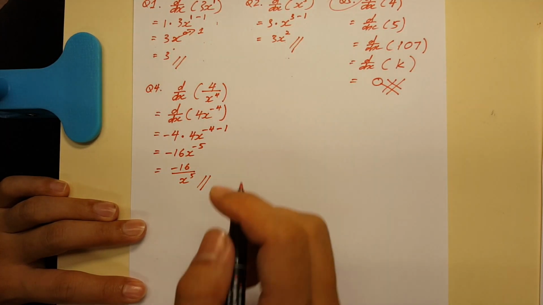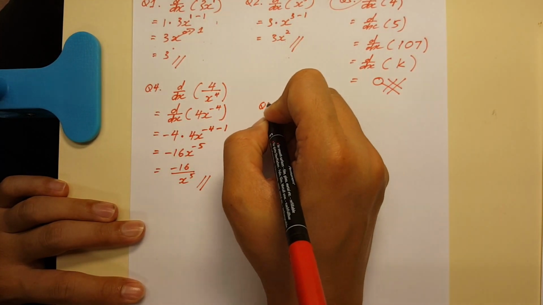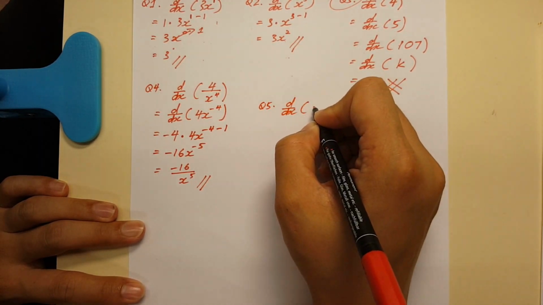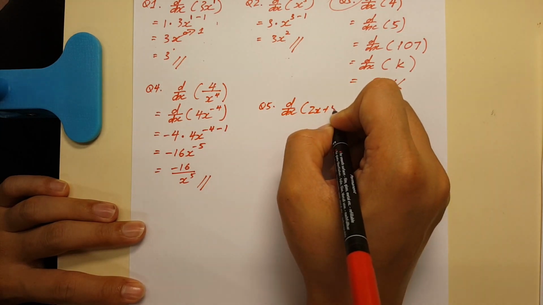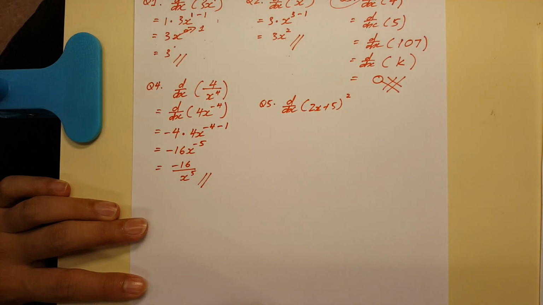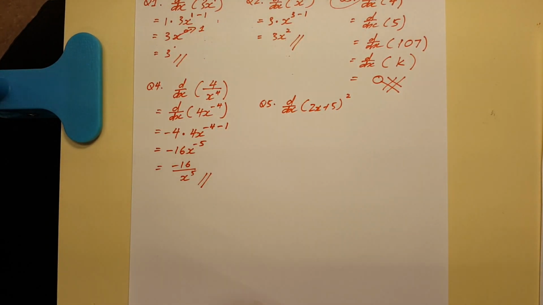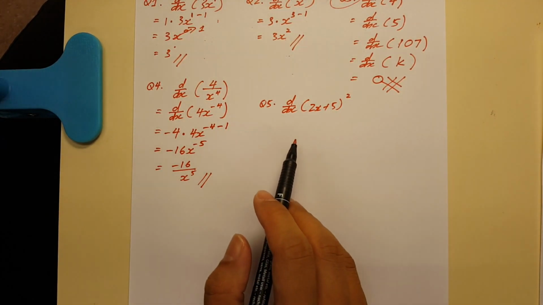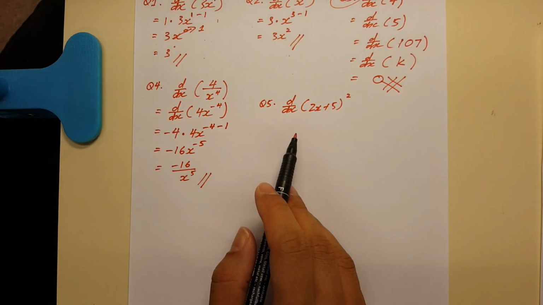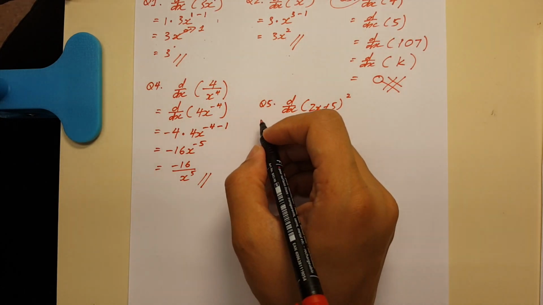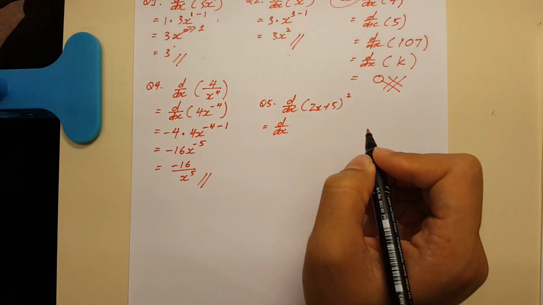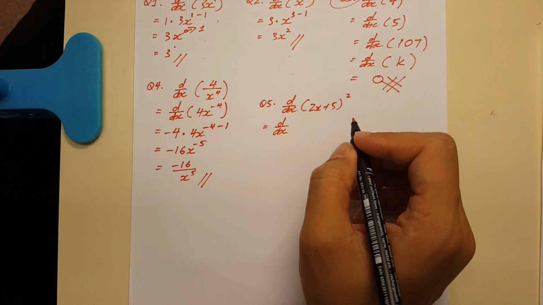Okay, so question 5 is basically differentiation of this term, 2x plus 5 squared. Alright, so we are not going to use the third step. For those of you who already know what this is about, it's not the chain rule, in case you're wondering. We can basically make the approach simpler, without using any rules as far as the third step is concerned.